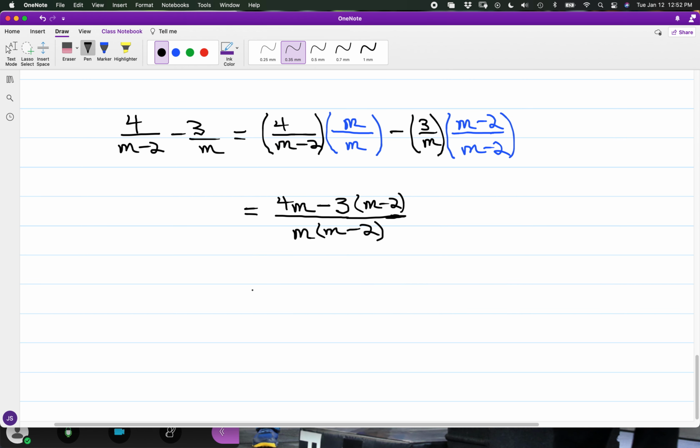Following through, we have 4m, then negative 3 times m minus 2, which yields negative 3m plus 6.